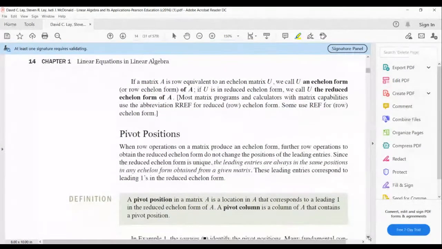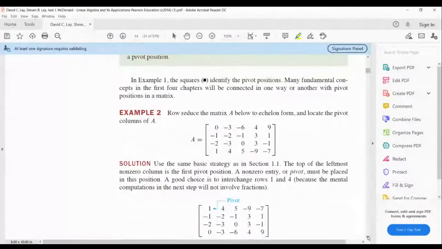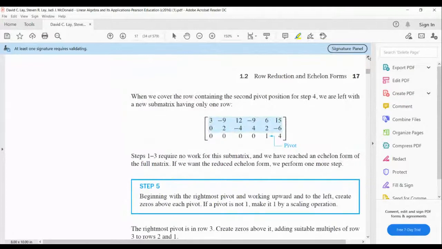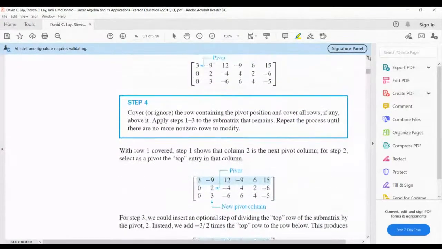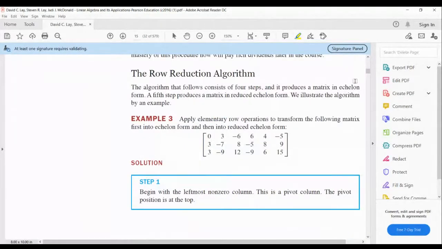And then here in section 1.2, again, they talk about pivots. They go through several examples where they do row operations. And again, this example 3 here, they go through formally the row reduction algorithm.